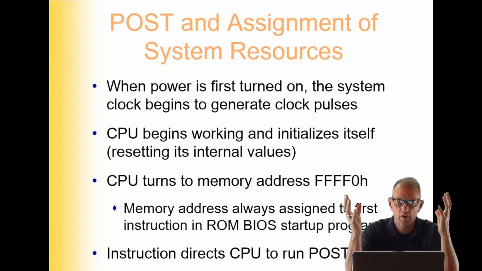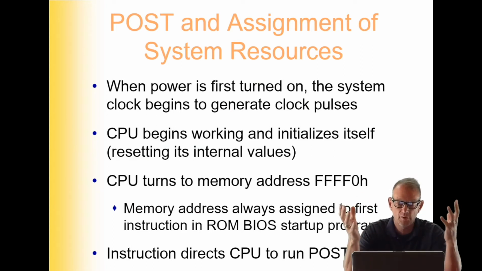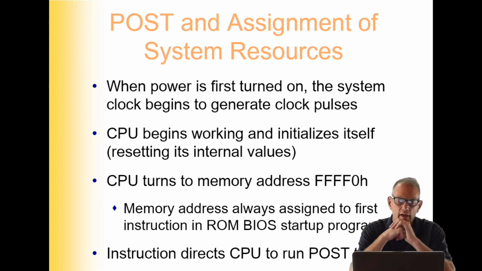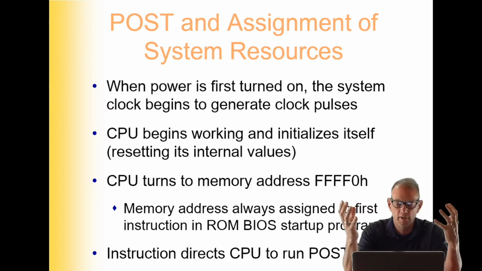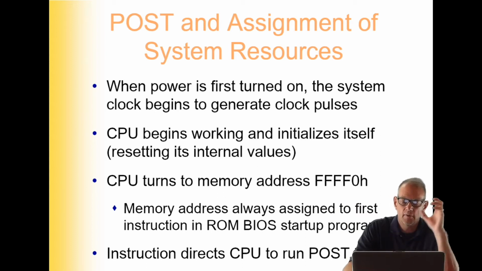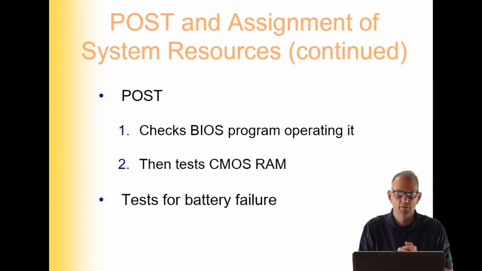So when it's turned on, we already talked about this, it generates clock pulses, the CPU initializes and resets itself to zeros, and then it turns on the memory and allows the BIOS to start. It then has the CPU run those POST tests, the power-on self tests that we already talked about.